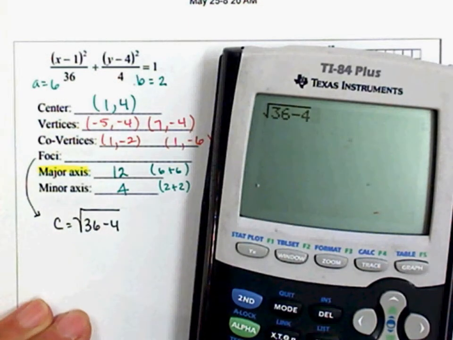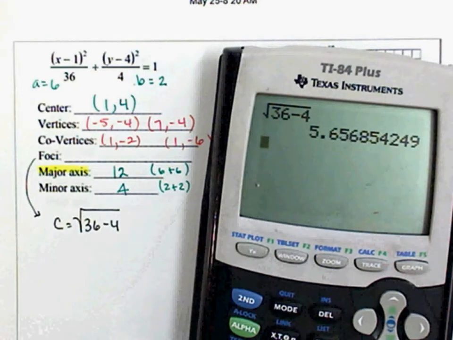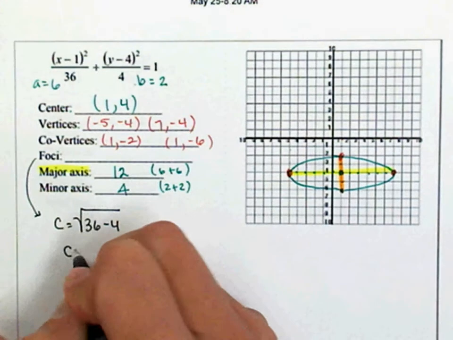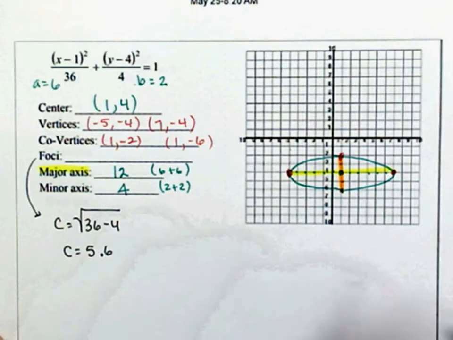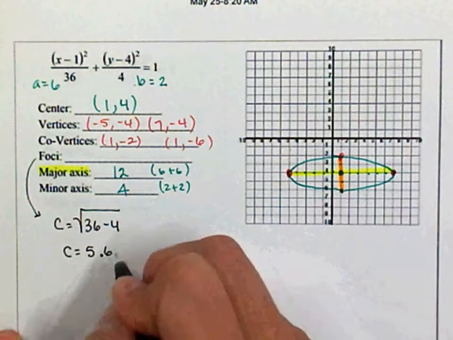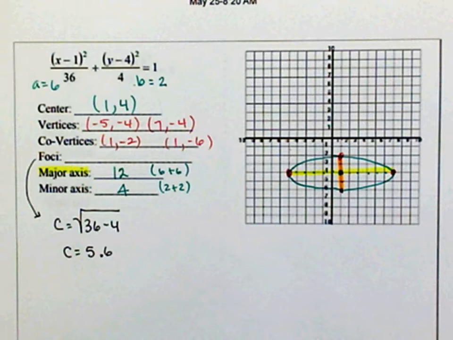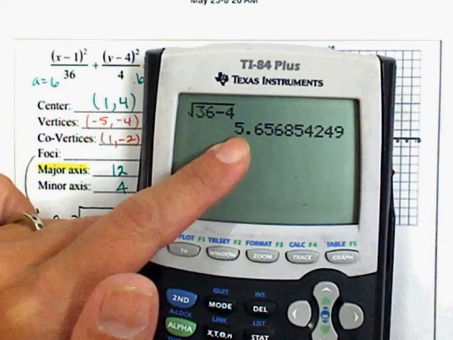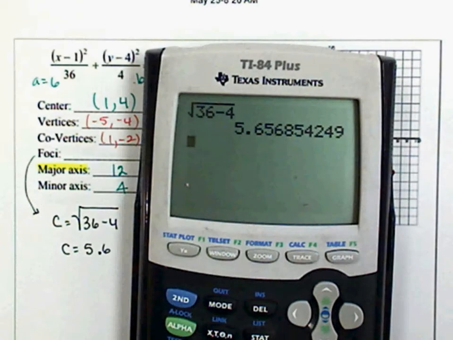And that comes out to be 5.65, so I'm going to round it to 5.7. Or you can do 5.7. I don't care. Pick a number. But if you say 5.5, I'm going to count it wrong because you did not type it in correctly. Okay? So you can say 5.7 or 5.6. Correct one is really 5.7, but do not do 5.5. And definitely do not round it to 6.